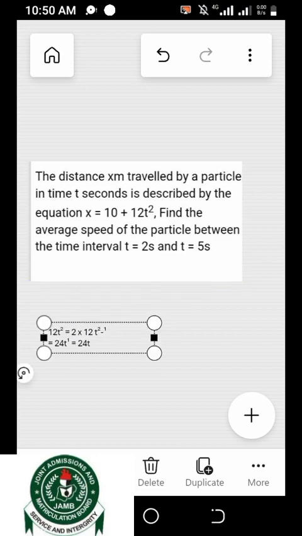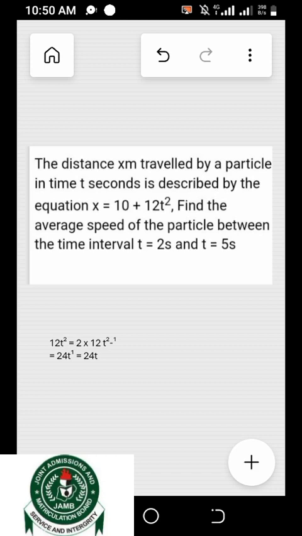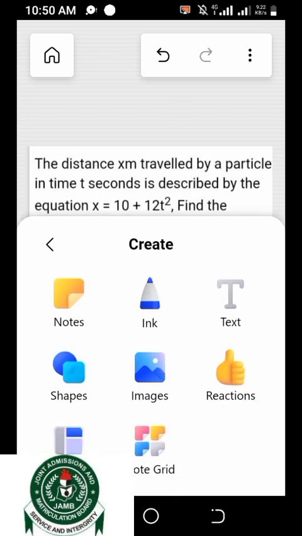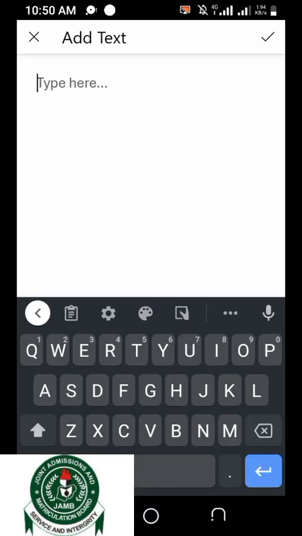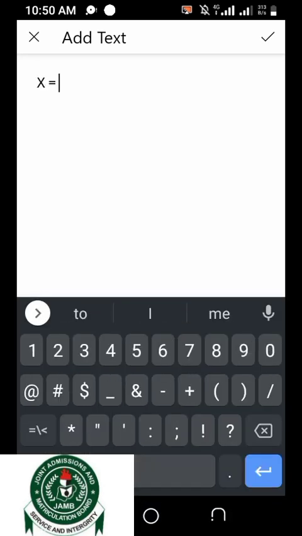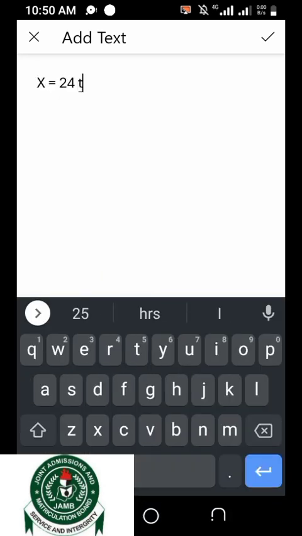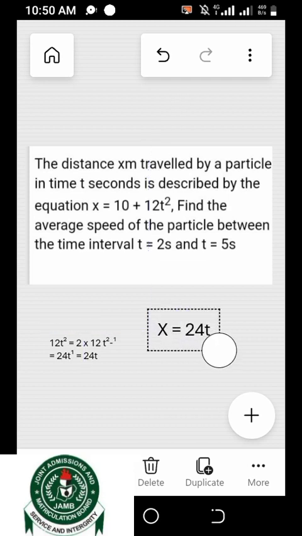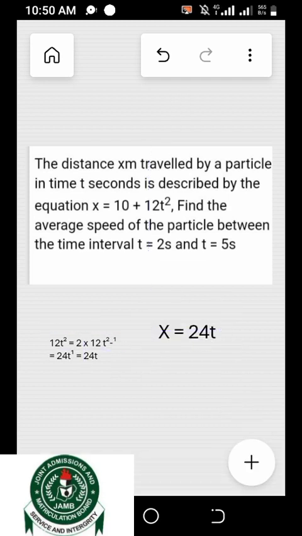So our x will be equal to 24t. This is the first step. Remember, they say at the time interval of 2 seconds and 5 seconds.